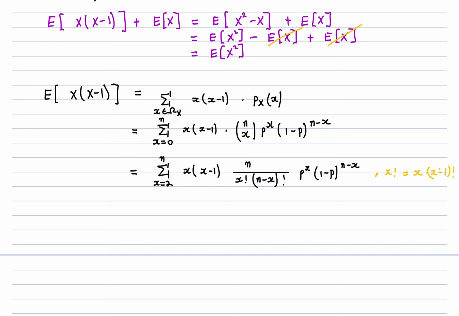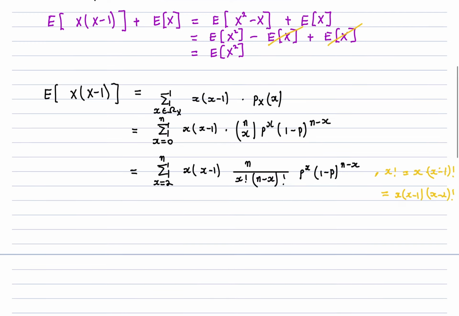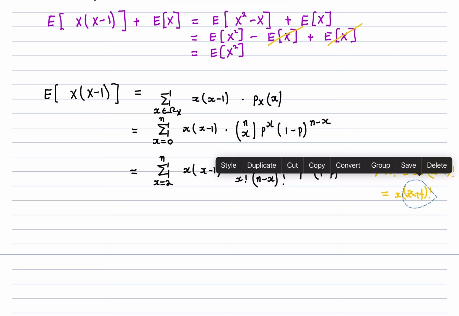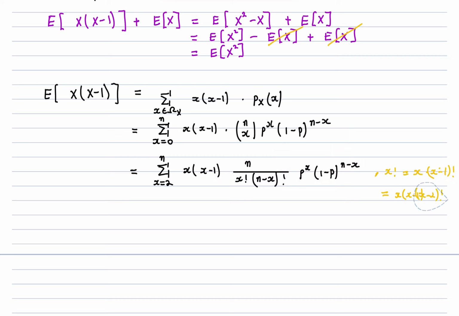And in fact, that can be written as X times X minus 1 times X minus 2 factorial. So we're going to use this expression down here, and then you'll notice that the X and the X minus 1 will cancel with the X times X minus 1 here. So in the denominator, what we're going to be left with is just the X minus 2 factorial.